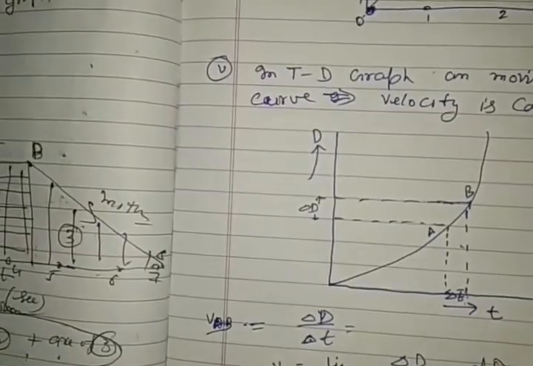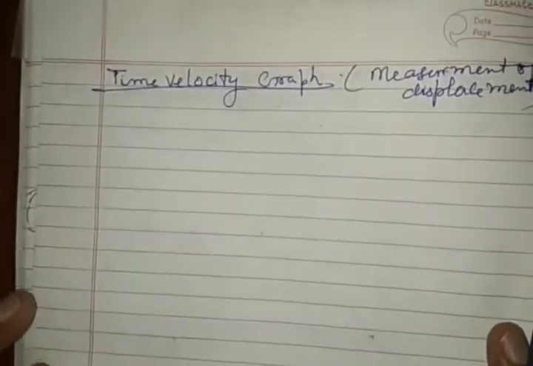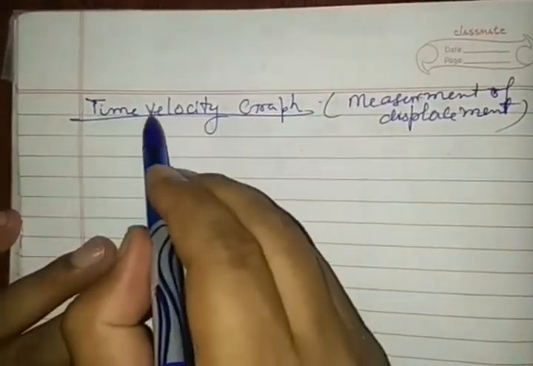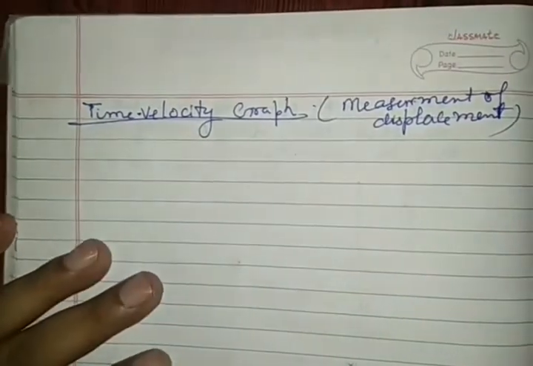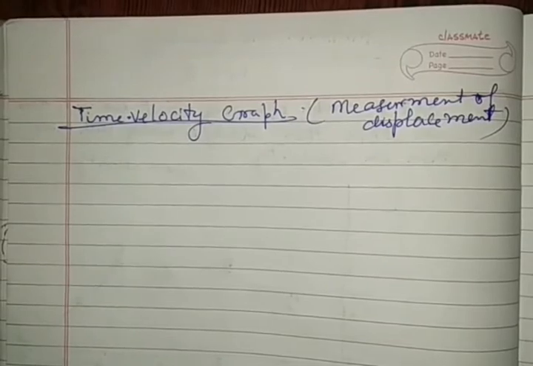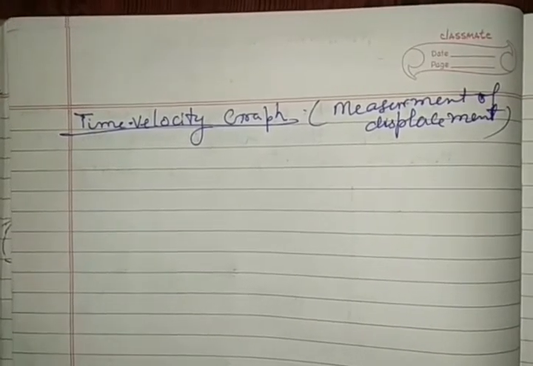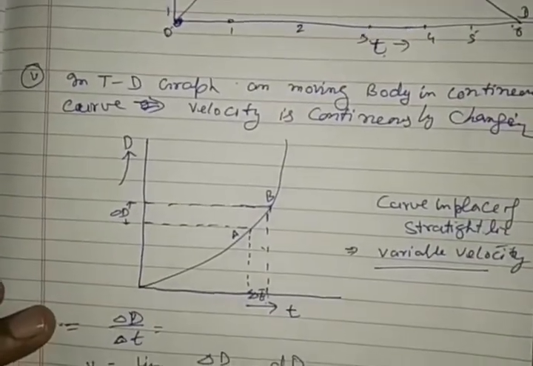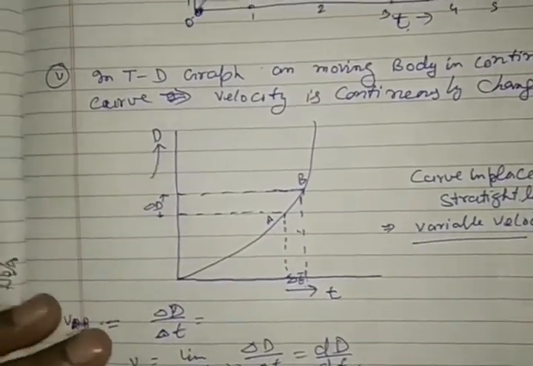Be careful. Now see one more type of graph, the velocity time curve. Before starting the velocity time curve, we want to see one more type of curve here, available in the downside of the page.